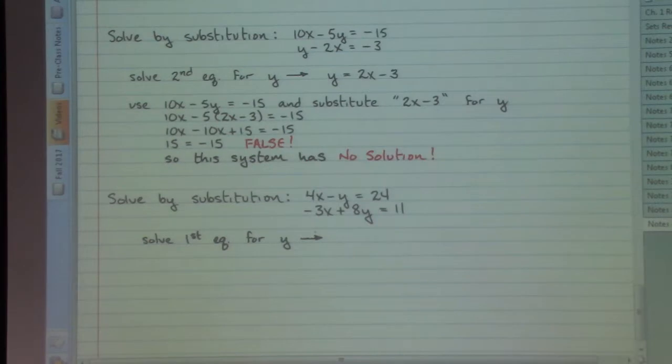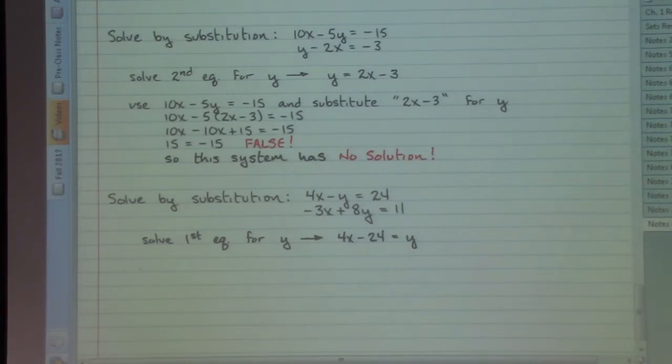If we solve that first equation for y, we could say that if we simultaneously add y and subtract 24 from both sides, 4x minus 24 is equal to y.